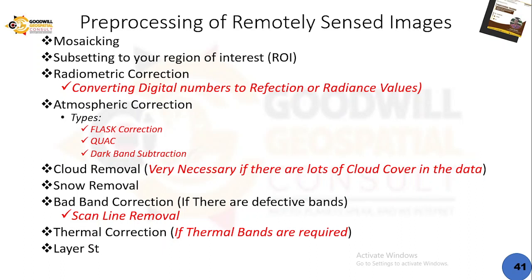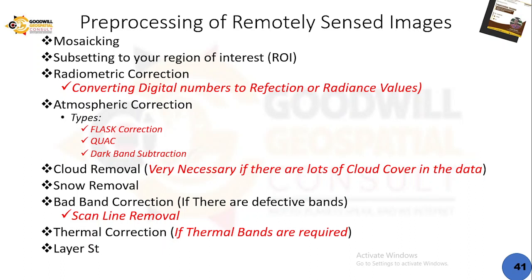Then we do snow removal. Then we do bad band correction. Some of the bands are defective, so we remove them. They come with scan lines. Scan lines are just lapses. Some of the areas the satellite couldn't cover or couldn't capture images from, so those areas are left blank.